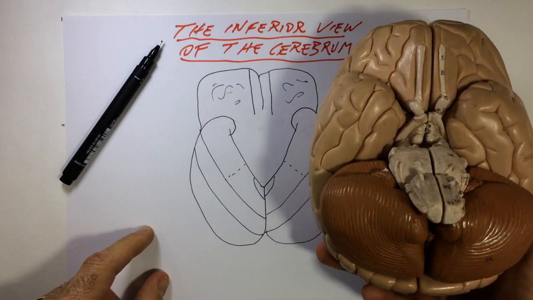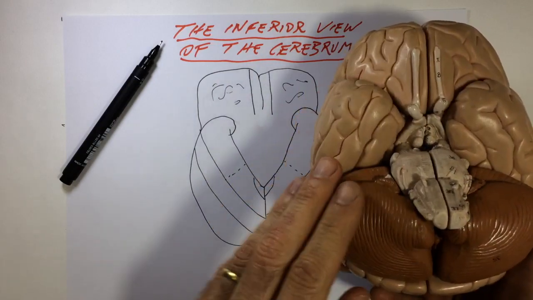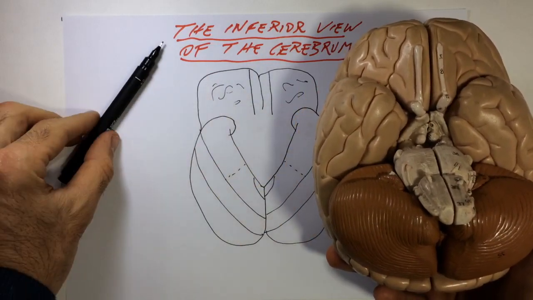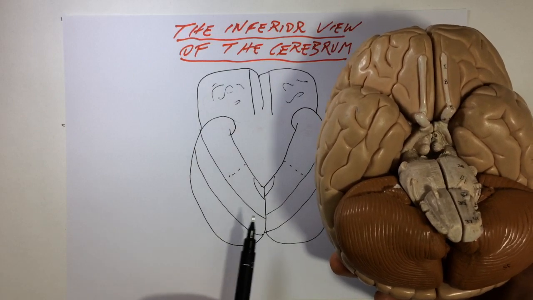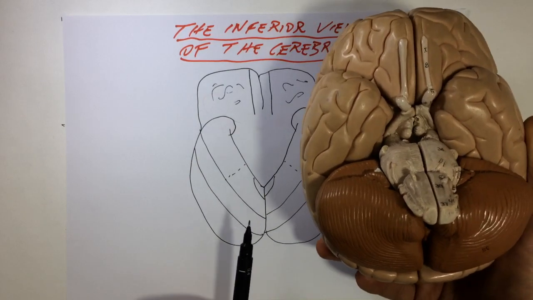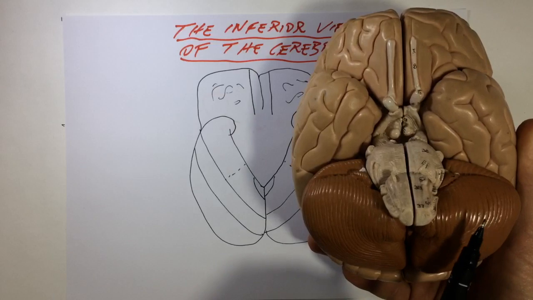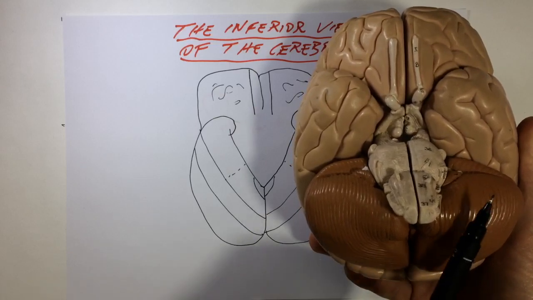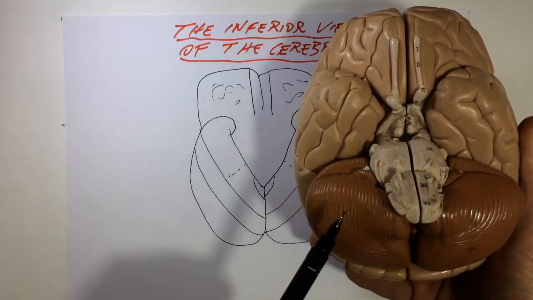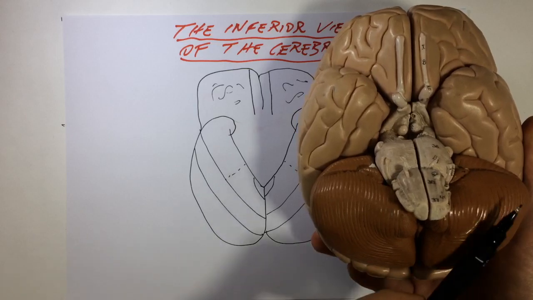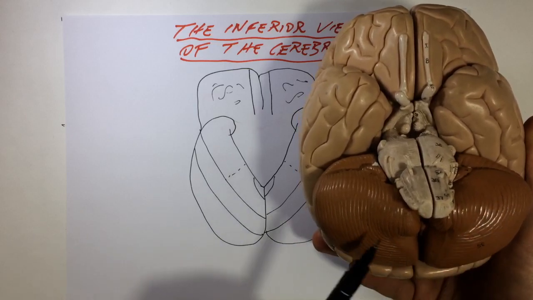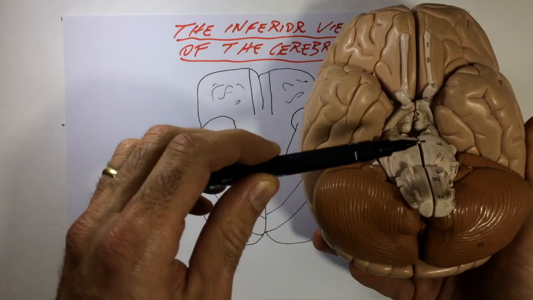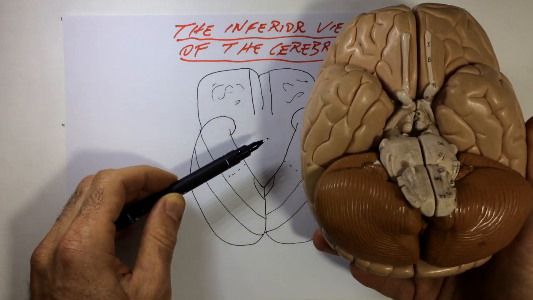So if we compare the model with this drawing here, we are going to see that there are some parts of the drawing that are actually hidden by the other parts of the brain. So for example, the cerebellum down here, or even the brainstem, are removed.